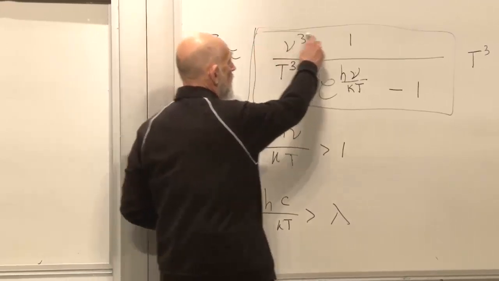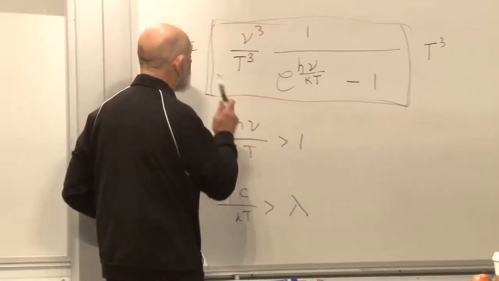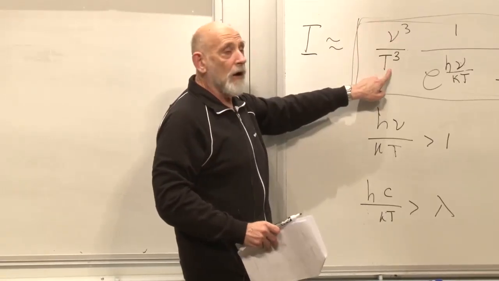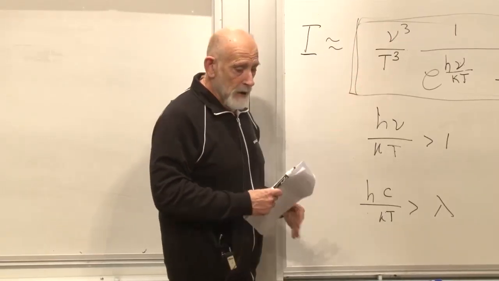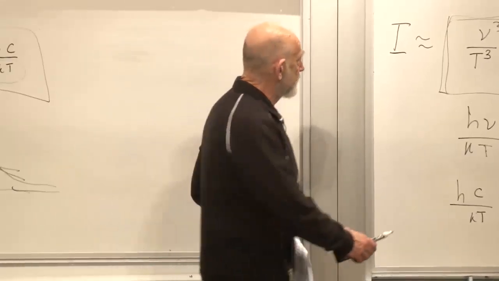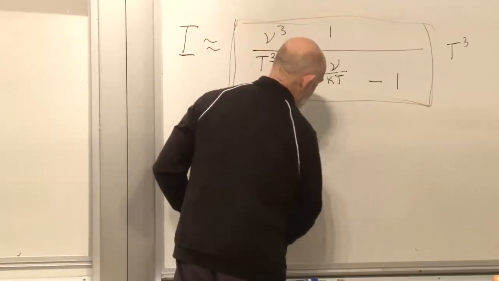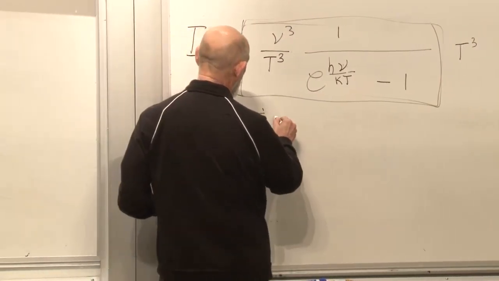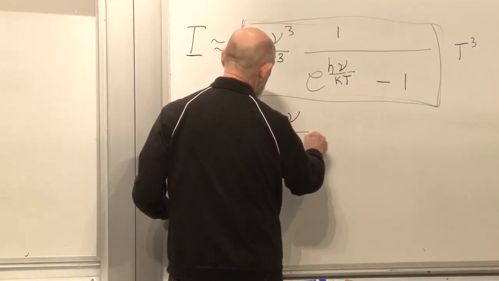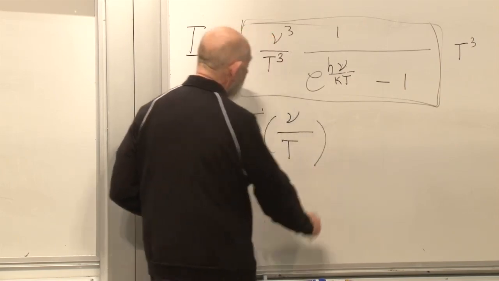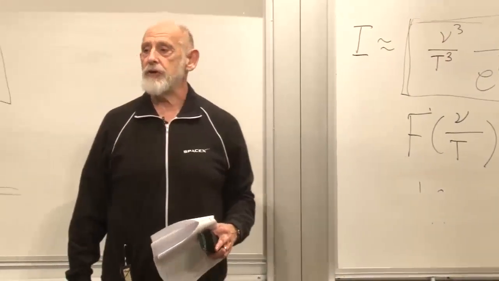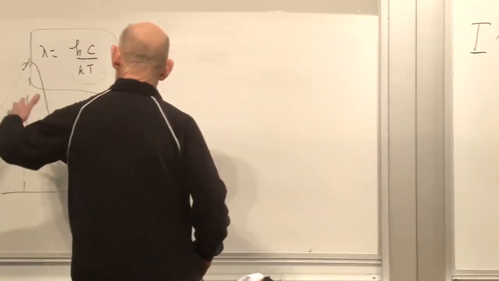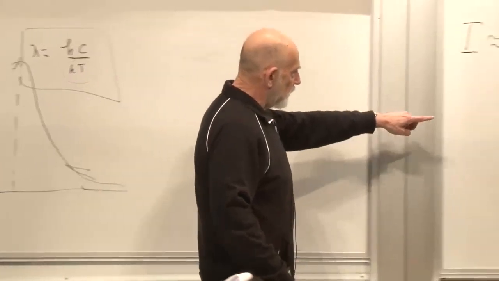Here is the thing which determines its universal shape, and notice that it's only a function of the ratio of nu to temperature. In other words, the shape of the curve, dropping the factor T cubed, is just a function of the ratio of nu to temperature. That means that if I change the temperature, all that happens is the frequency rescales.